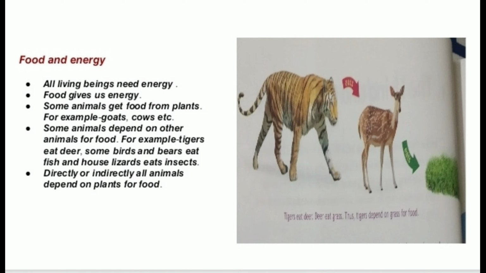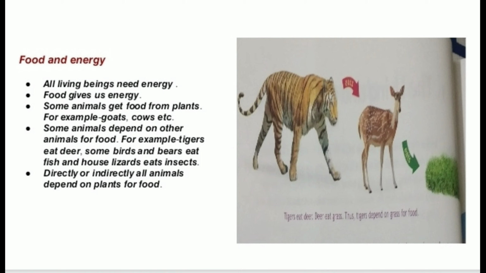Food means different things to different living beings. Some animals get food from plants. For example, goats, cows, camels, and giraffes. While some other animals depend on animals for food.